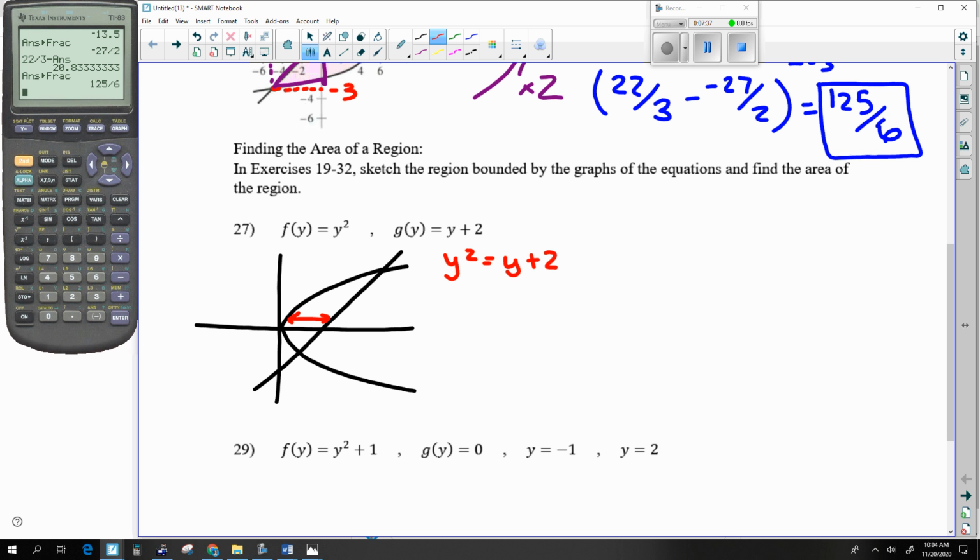And again, the big would be the line, the small would be the parabola because it's right minus the left. Anywho, I digress. So this is y squared minus y minus 2 plus 1 minus 2. That is -1 and positive 2.